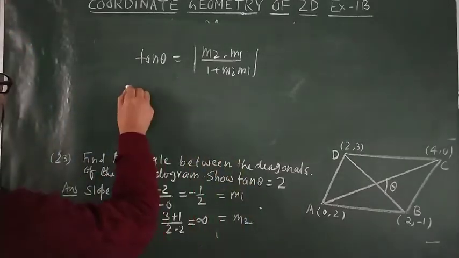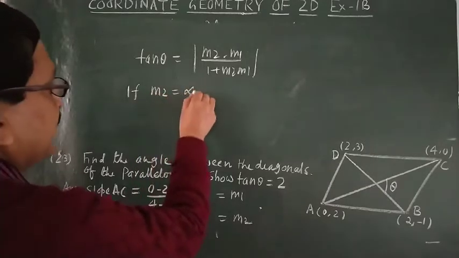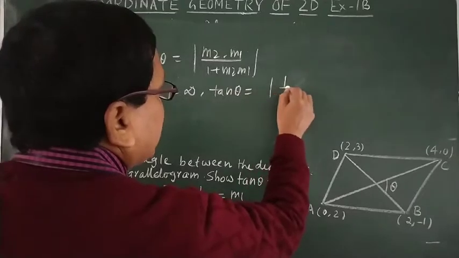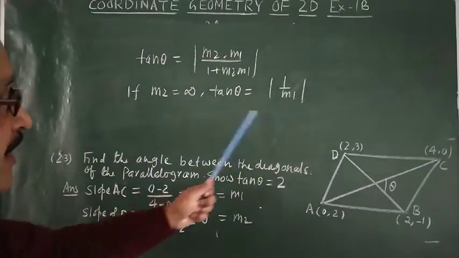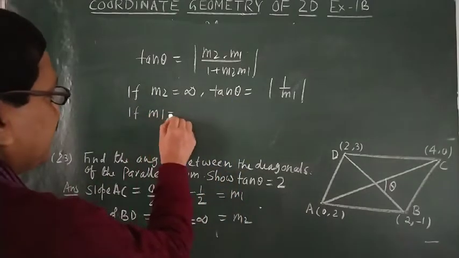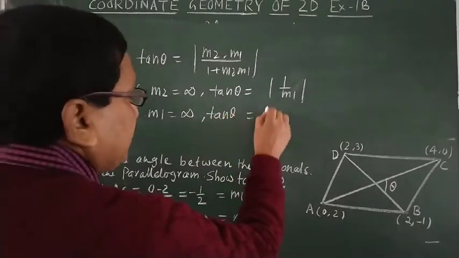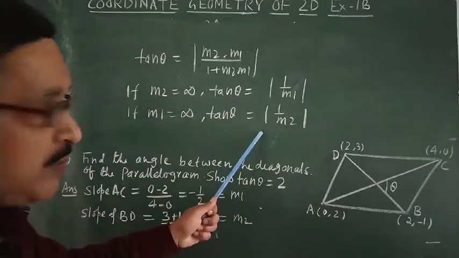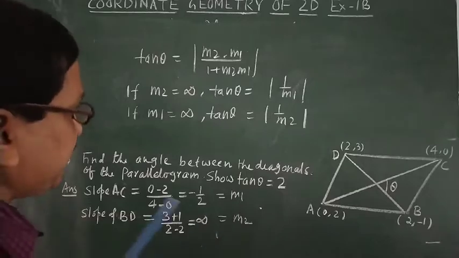So learn more: if m2 is infinite, then tan theta will be equal to modulus of 1 by m1, and if m1 is infinite, then tan theta will be equal to 1 by m2. These two additional formulas should be remembered by the students when one of the slopes is infinite.